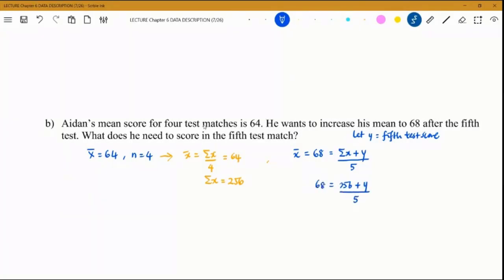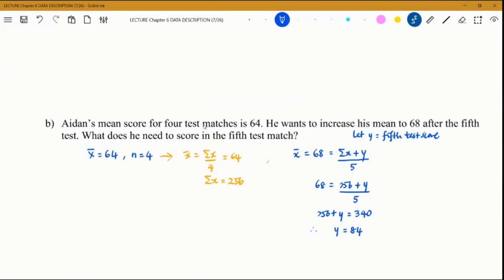So 68 times 5, what do we get? 340. Okay, and then the Y we can have is 340 minus 256, which is 84. Okay, so that's how we solve for part B.